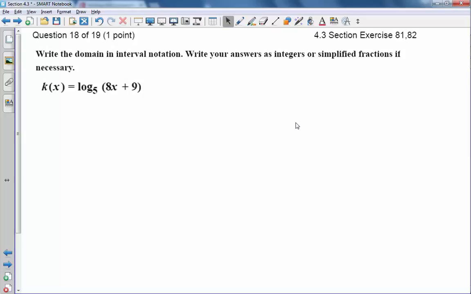Find the domain in interval notation. But this time, why don't we use our smarts? This time, let's not sketch this. I know you can sketch it, but why don't we use our brain this time? Domain means, again, all the numbers you can insert here in place of x, multiplied by 8 and plus 9, and we want that logarithm's input to be positive always, because logarithms, just like square roots, do not work with negative numbers.